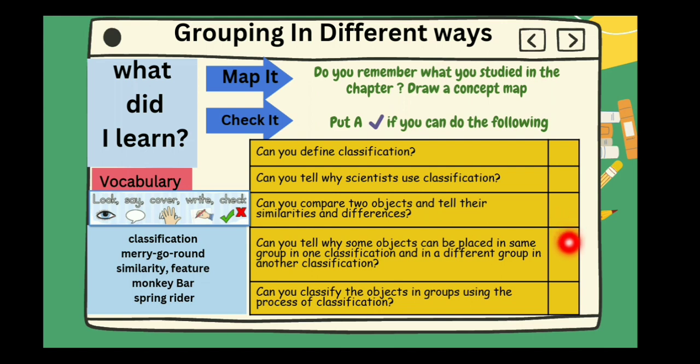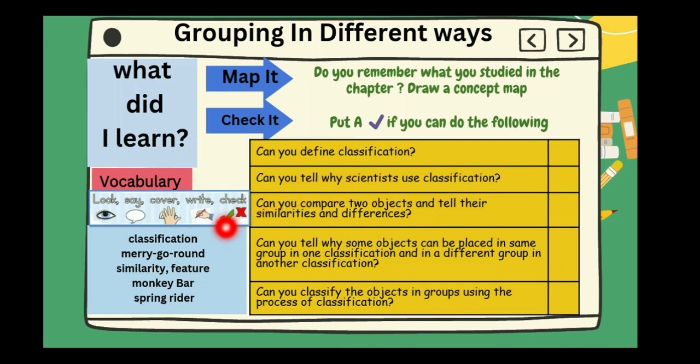Can you tell why some objects can be placed in some group in one classification and in a different group in another classification? So they are in the same group in one classification and then they are put in different groups in another classification. Can you classify the objects in groups using the process of classification? Can you do all that? If you can, you will put a tick over here.